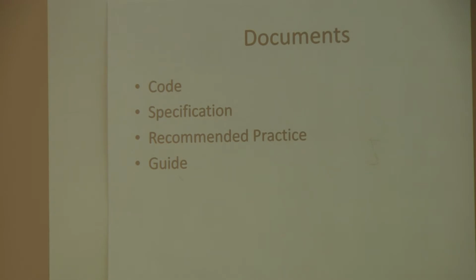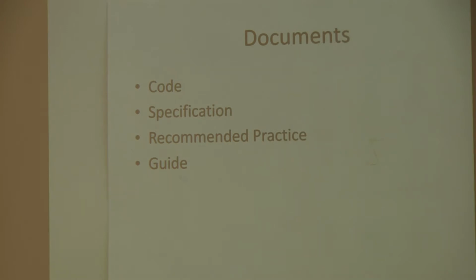The next level is a recommended practice. It's a non-mandatory description of generally accepted industrial methods or techniques. The American Welding Society puts out a lot of recommended practices for gas tungsten arc welding or for shielded metal arc welding. It's industry knowledge that gives you a great idea about how to go about doing these things.